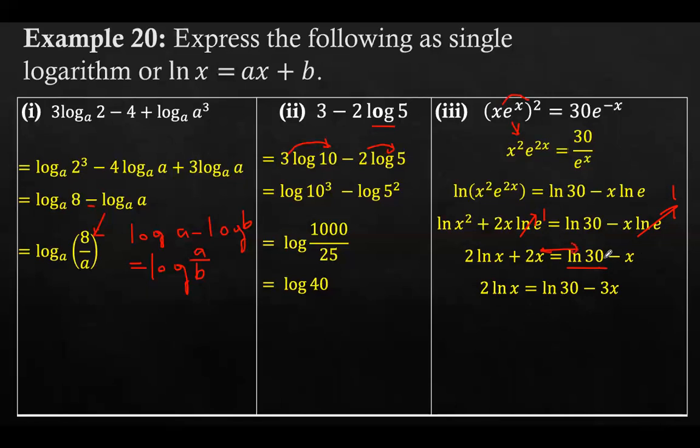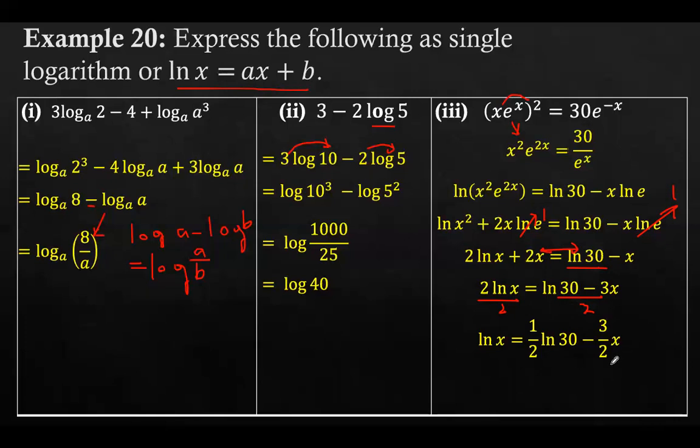So minus x minus 2x, you get minus 3x, because we want to write in this form: ln x equals ax plus b. So now we are almost done. We just divide both sides by 2. So you get ln x equals half ln 30 minus 3 over 2 x.